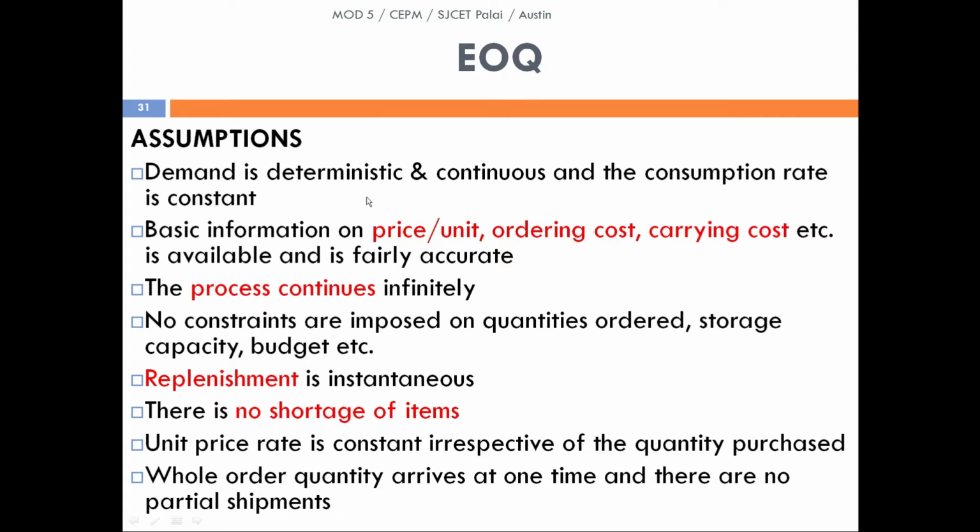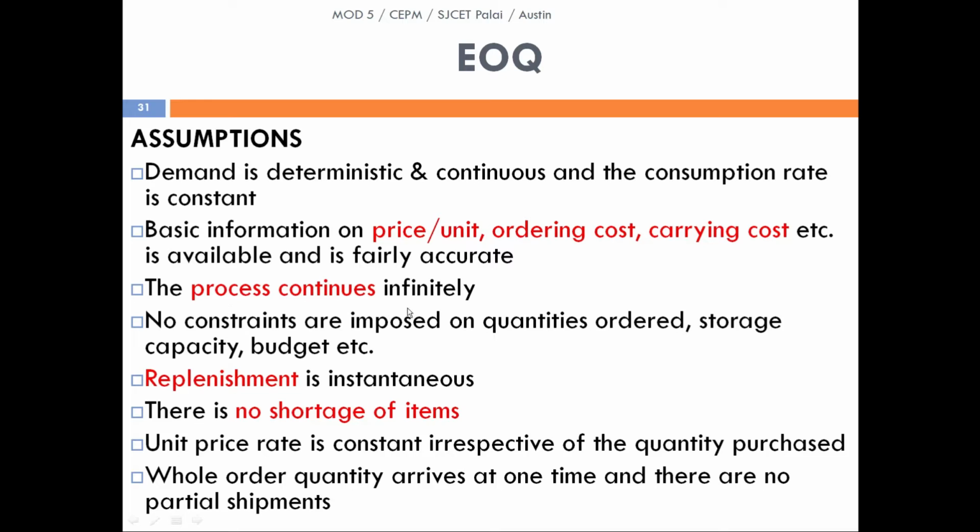Now we are just seeing the assumptions. The demand is deterministic and continuous, and the consumption rate is constant. Basic information on price per unit, ordering cost and carrying cost is available and fairly accurate. Solely ordering cost and carrying cost are the major costs involved.